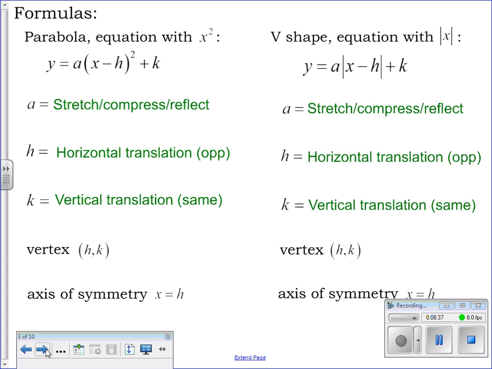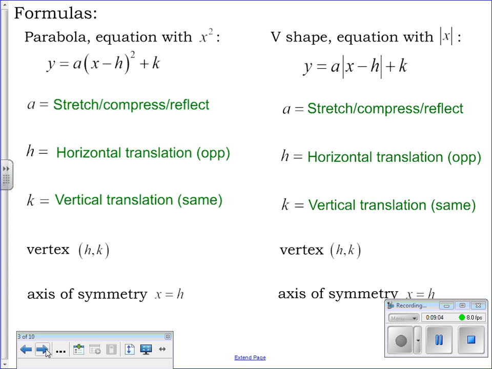Without making a table of values, you can give me a sketch of that. It would look something like that. And you will be able to hopefully do that. Look at this and know, okay, I move it, and it's taller, it's skinnier than what a standard one is.